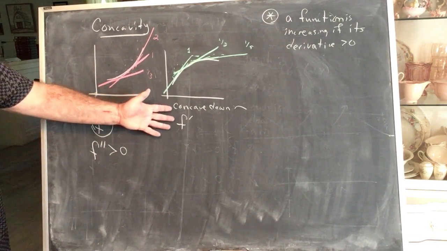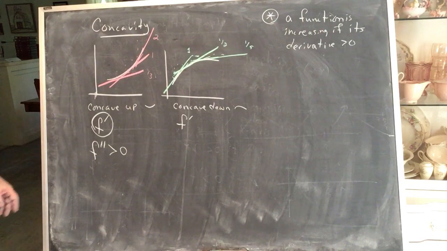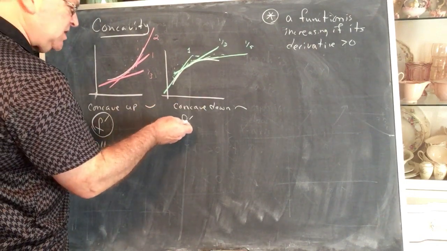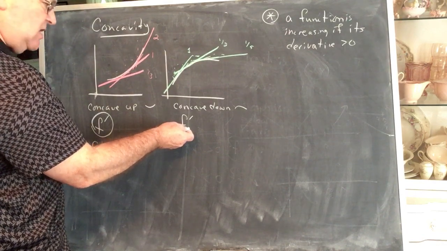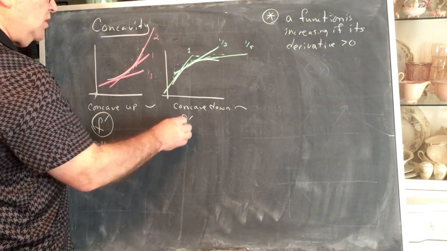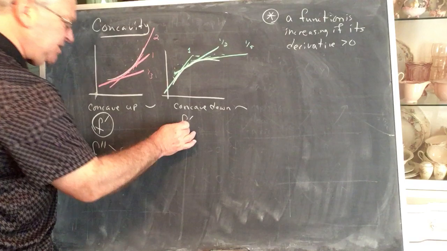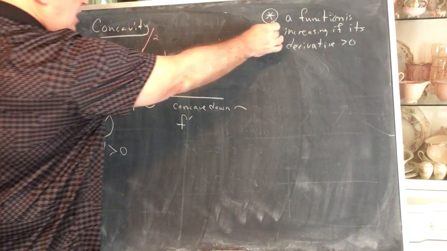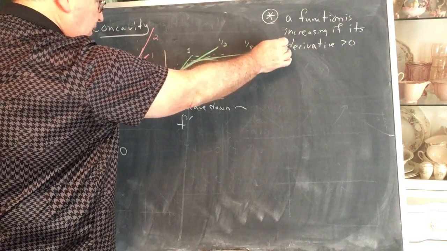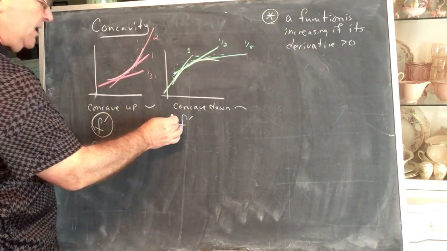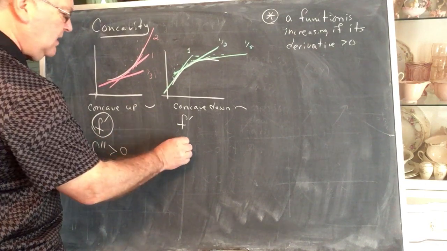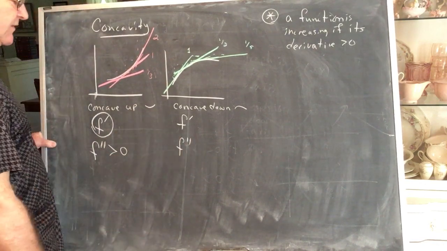And then a similar argument over here. The curve is concave down. That means the slopes of the tangent lines are decreasing, which means the first derivative is decreasing. A function is decreasing if its derivative is less than 0. What is the derivative of the first derivative? Yes, it's the second derivative.